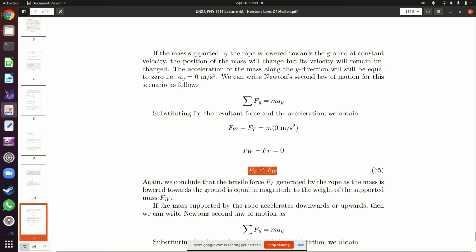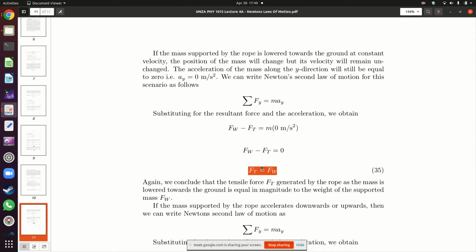So the tension is equal to the weight in two situations. One, when the mass is motionless. Two, when the mass is moving up or moving down at constant velocity.